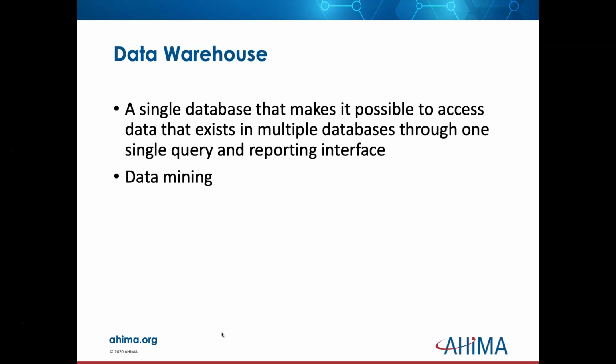And again, it's exactly what it says. And what you're doing is data mining. You're looking to find trends and correlations that you could not find if you only used a single database. But by using multiple databases in a data warehouse, you may be able to find, like I said, those trends or correlations that help you identify opportunities for improvement.